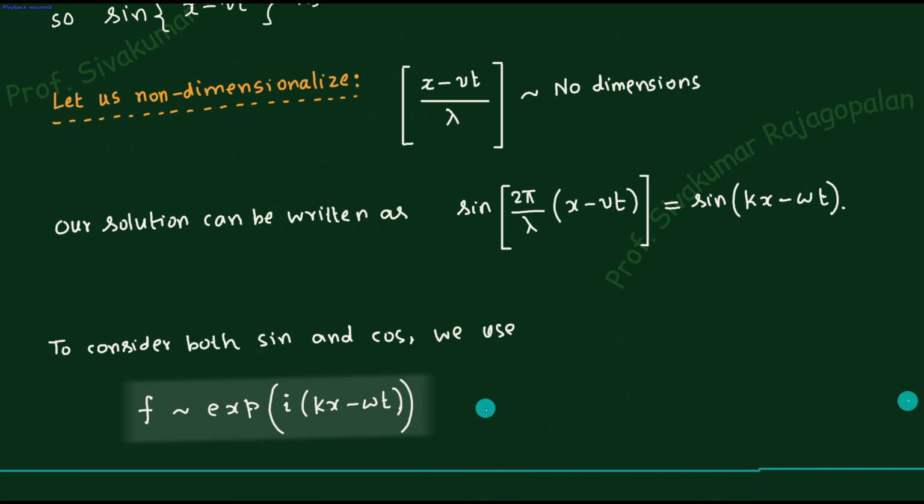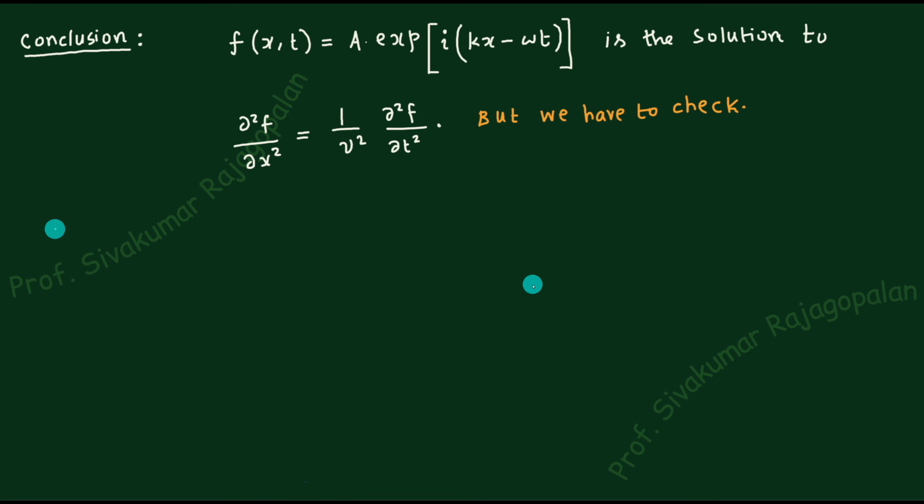So at least one big part of the understanding will be clear, and once this is clear, let us go back to the wave equation and then verify. Our conclusion is now clear that an equation looking like a e to the power of i into kx minus omega t will be the solution to the wave equation.